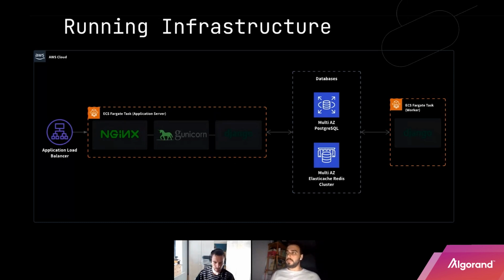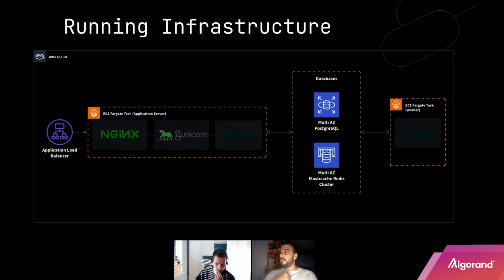These application servers communicate with the database in the background, and we try to have a robust database solution. So we have a multi-AZ PostgreSQL managed database, and we also have an ElastiCache Redis cluster for quick lookups of the data.